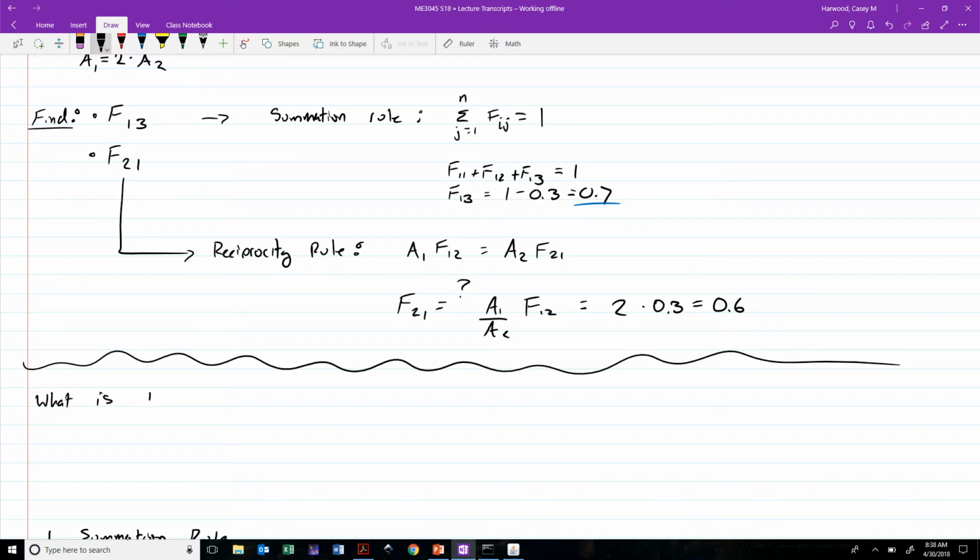So what is F_ii, a surface view factor with itself? Remember, view factor is how much of the energy leaving in these radiated rays intersects another surface.